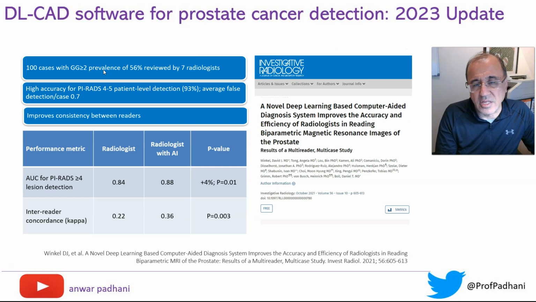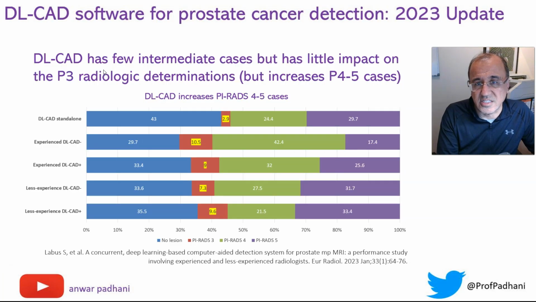And if you look at the entire data set, you can see how it also improves the inter-reader concordance as well. And you can see that this is statistically significant. Now, looking at the same software but in a different clinical setting, you'll see that the AI tends not to call PIRADS 3 cases.